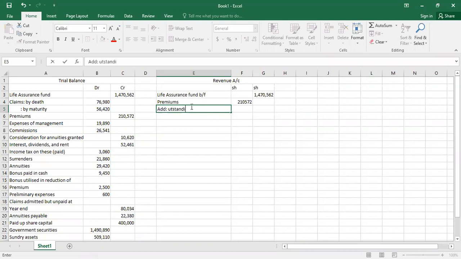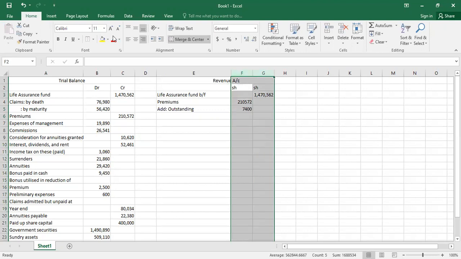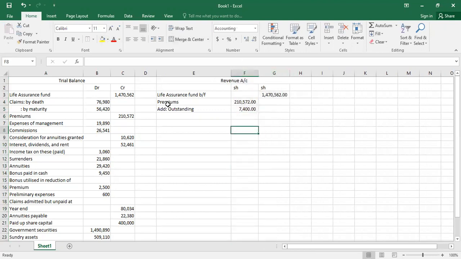Then I'll add the outstanding premiums. What's the figure? 7,400. Convert this into money. So 7,200. Then we are adding the bonus utilized in the reduction of premiums, right?